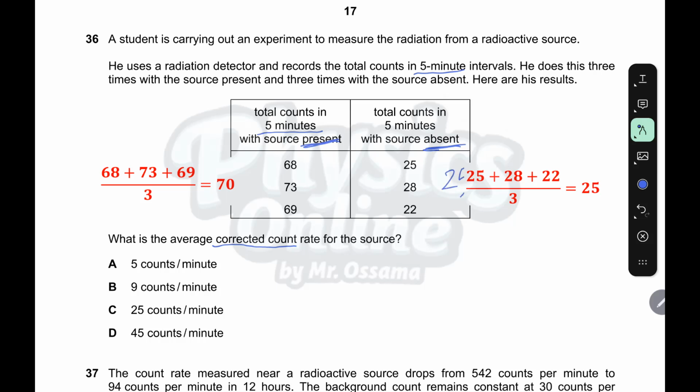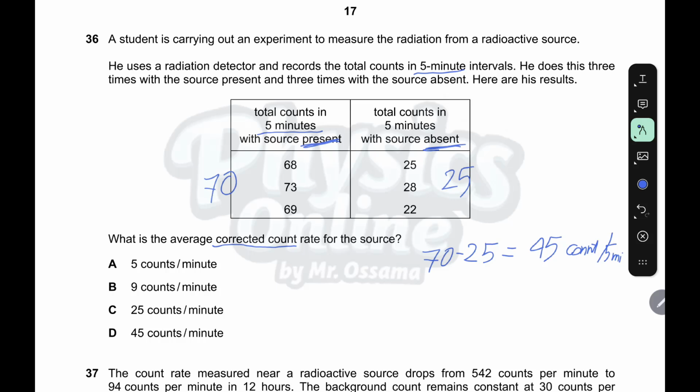So the corrected count rate is 70 minus 25, which gives you 45 counts per 5 minutes. He needs it in minutes, so 45 divided by 5 gives you 9 counts per minute.